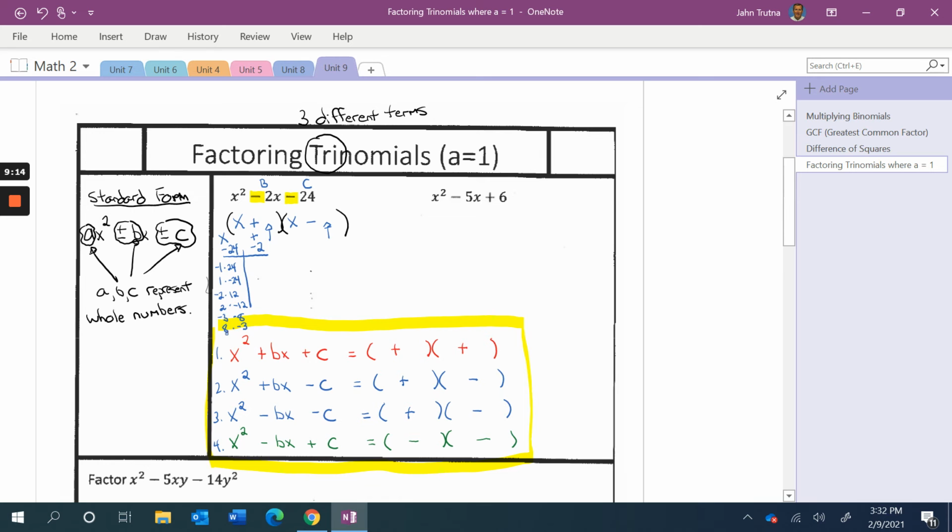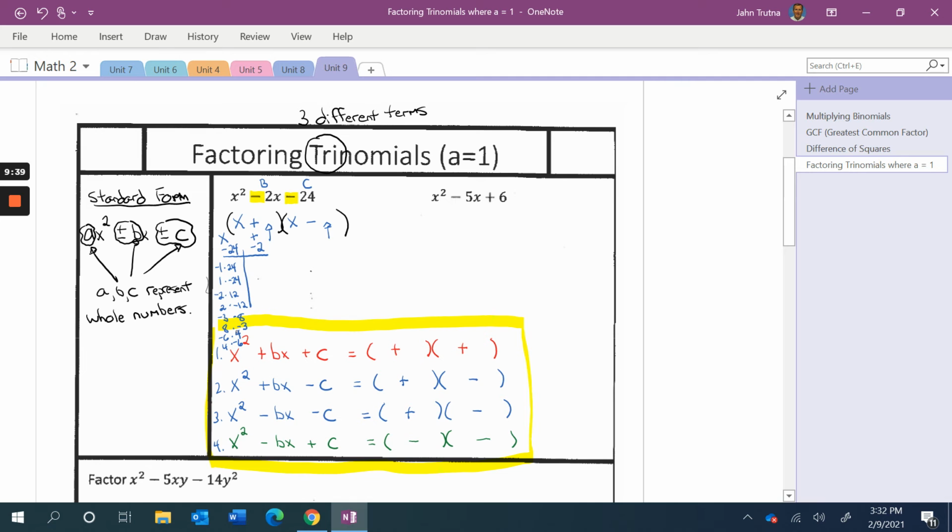What am I missing? -6 times 4, and 4 times -6. Okay, so you make a list of pairs of numbers that multiply to make your c value. Notice my c value is -24. And now one of these pairs will add to make the -2, your b value.